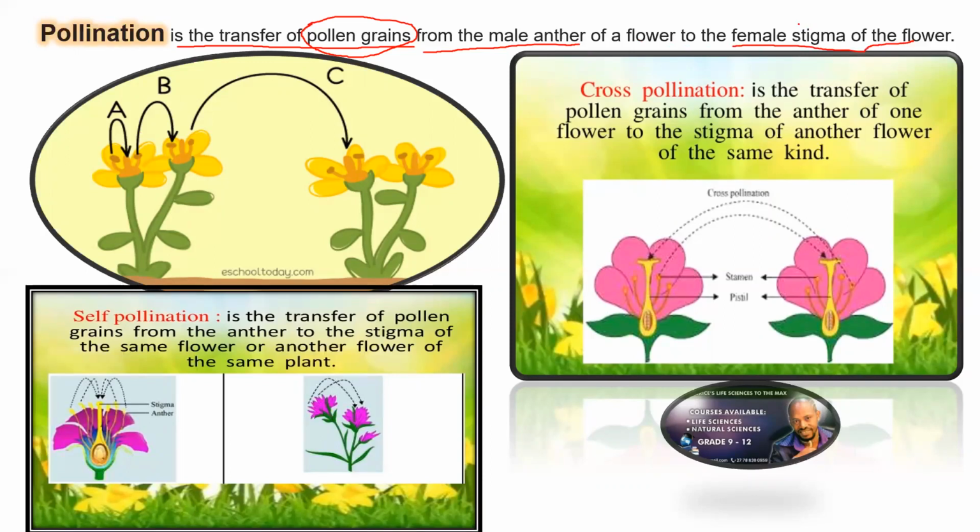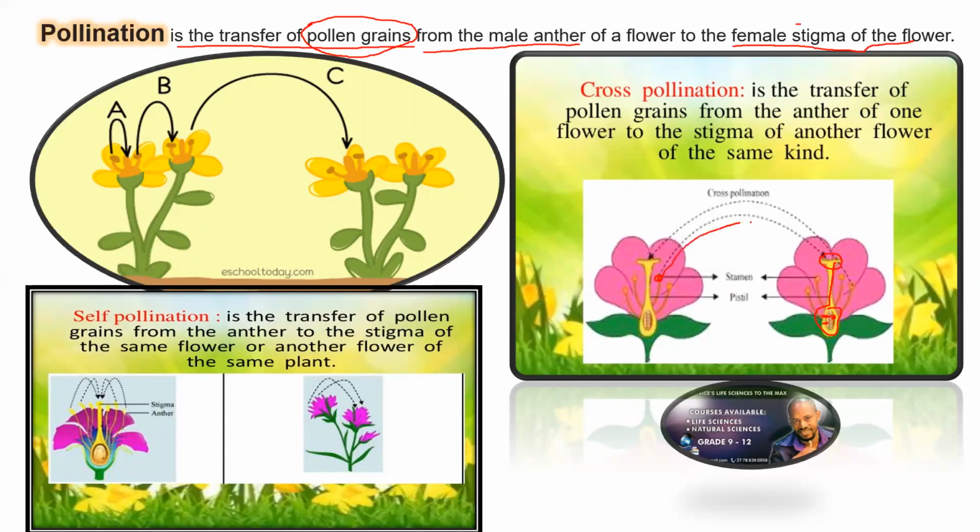The female stigma is connected to the style, so it forms the female wall of the flower. It's connected to the style, which leads to the ovary, inside of which we find ovules. These ovules represent the egg cells. Therefore, pollination is a transfer of pollen grains from the anthers, which form part of the male wall as well, which is made up of the anther and the filament.